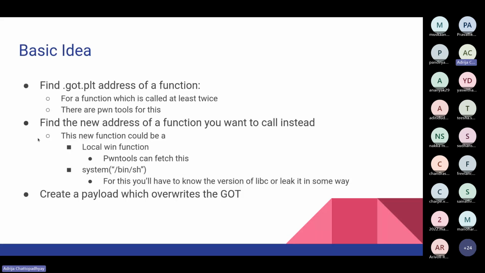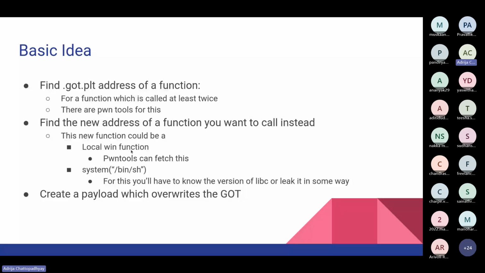The next part of the exploit is to find the new address of a function you want to call instead. There are two cases in this. One is if within our C code we have one main function and another win function inside, which either has the flag or spawns a shell.